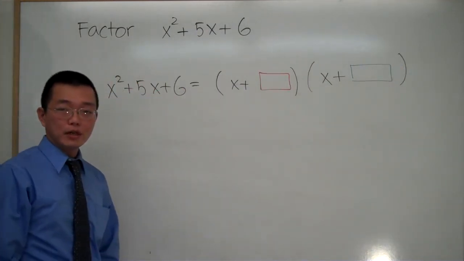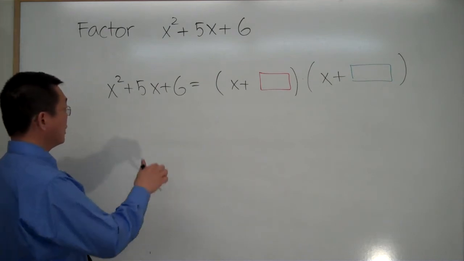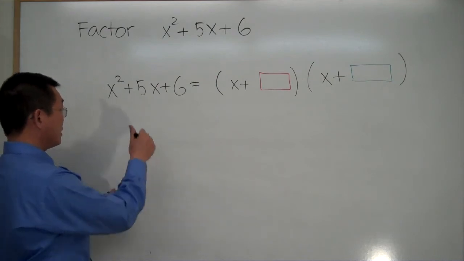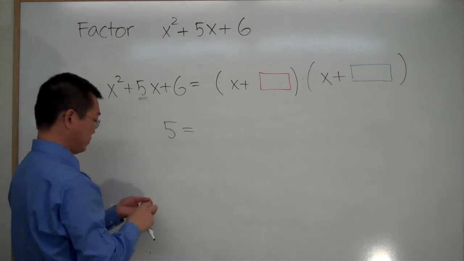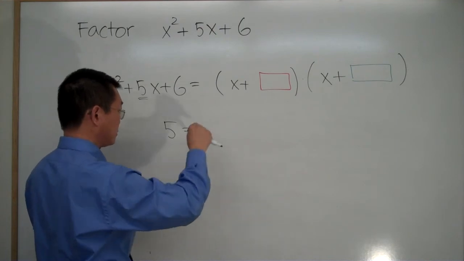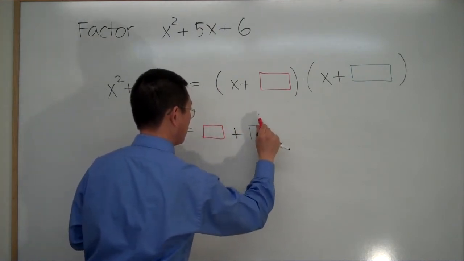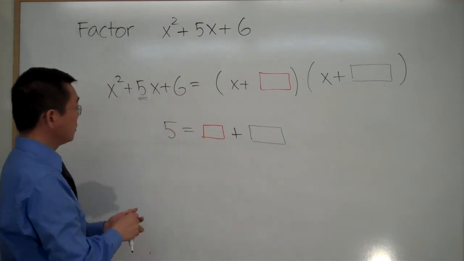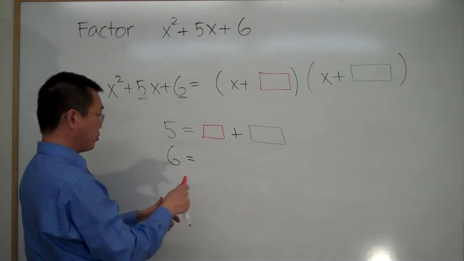Now those two numbers are not random numbers because we have the following clues. This number 5 here should be their total, and this number 6 here should be their product.